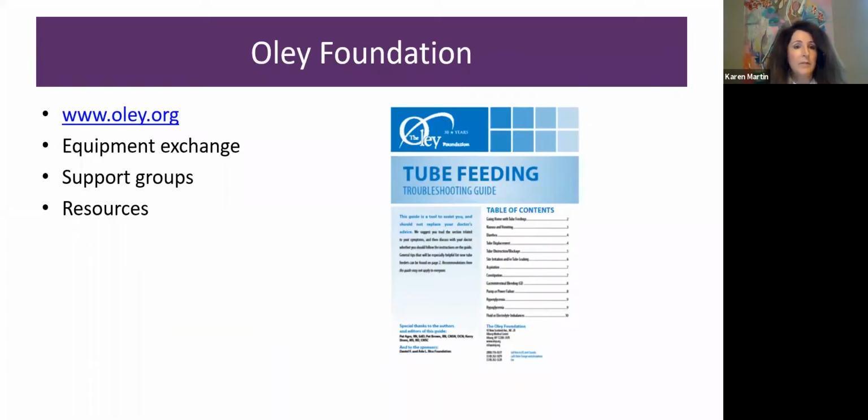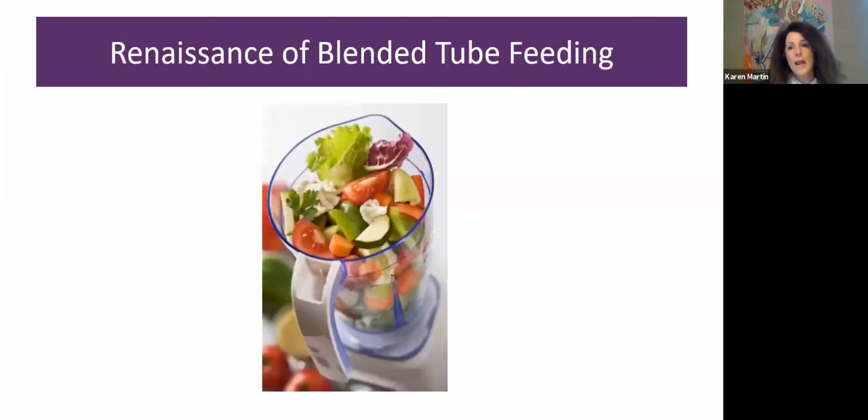This is a little bit of information where you can get information about the Oli Foundation, the Equipment Exchange. I wrote an article for them in their Lifeline publication that talks about how to do home blended tube feedings for people that want to do that. And I am saying there is a renaissance of blended tube feedings commercially available, as well as those that are people that are blending them.